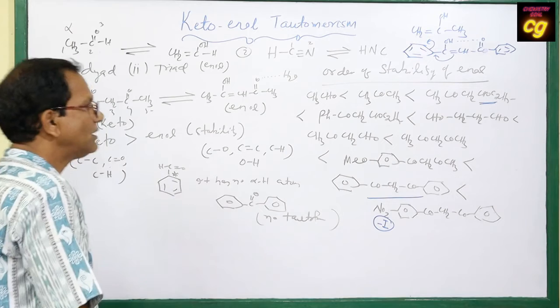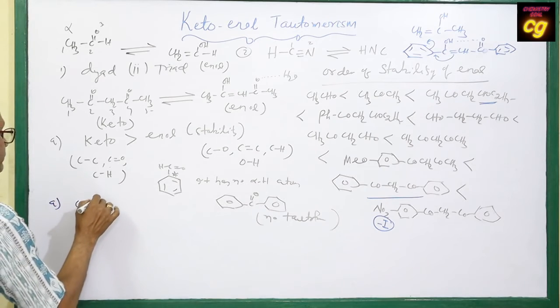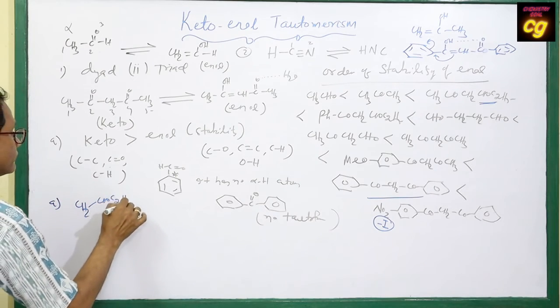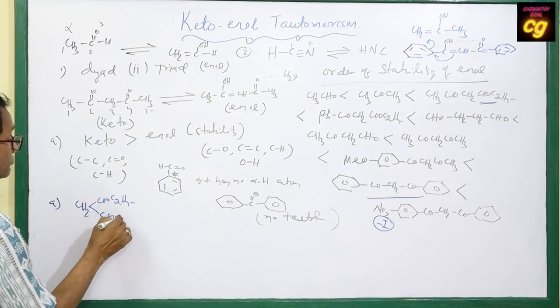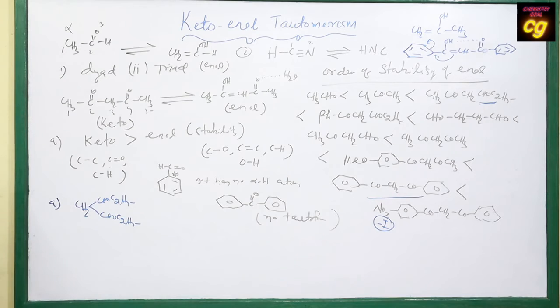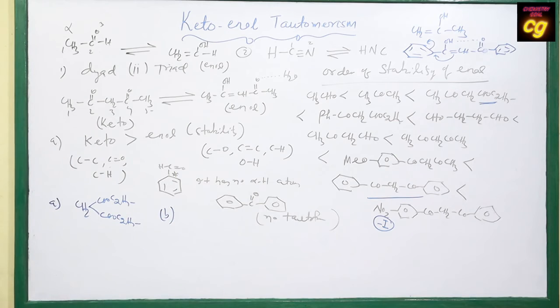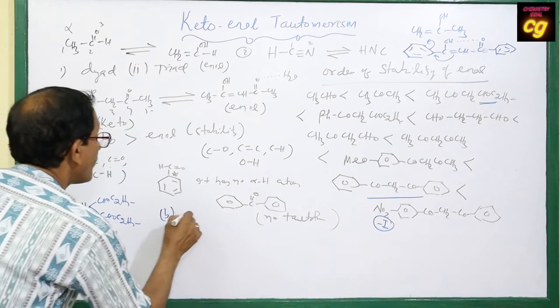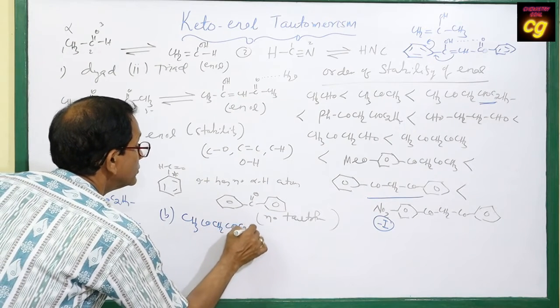So the question that I will give you is like this. This is one structure, that is malonic ester, the first one. The second one is CH3 CO CH2 CO C2H5.